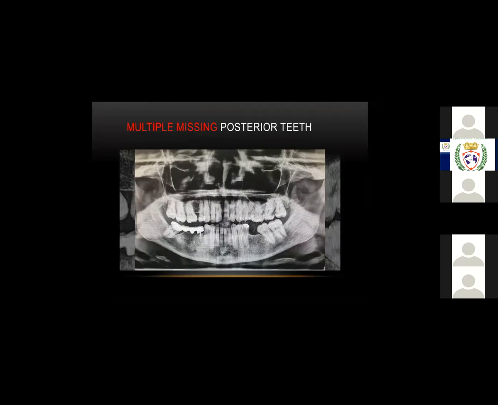There is a fixed partial denture having abutment teeth on the second premolar and the third molar. So once we remove this fixed partial denture, we are going to lose the second premolar. Then having a long span from a canine to the third molar, or from first premolar to the third molar, is a very long span. So definitely we can take up this case for implants, and we can restore this case.